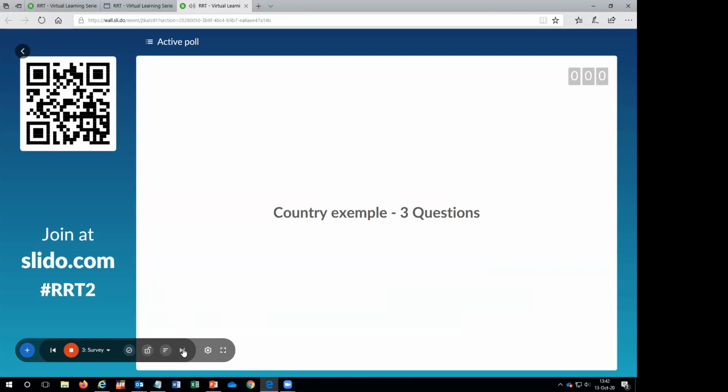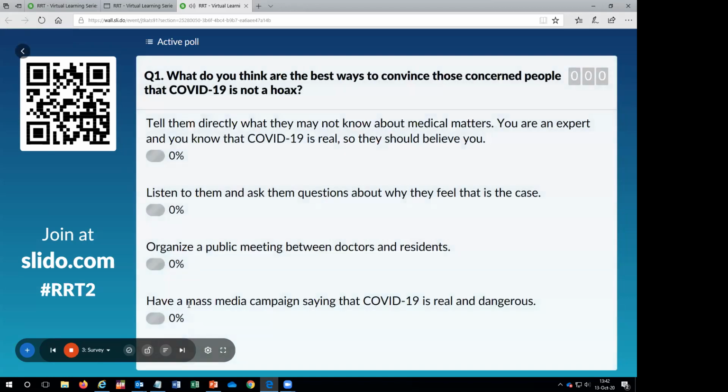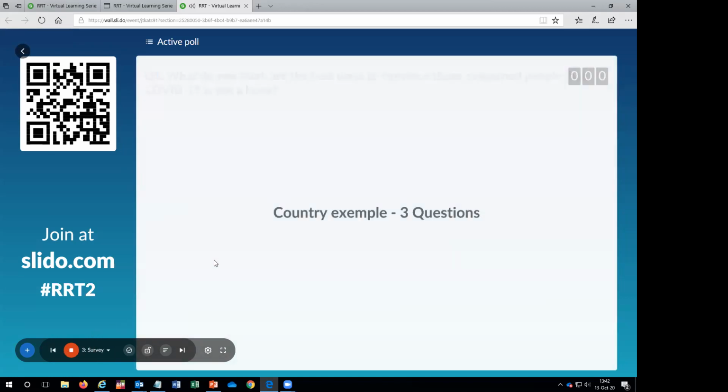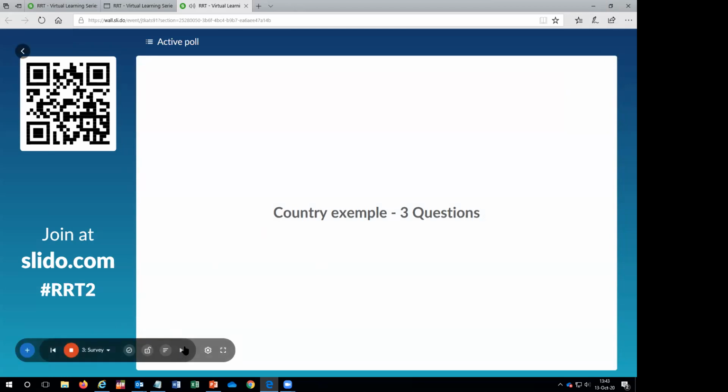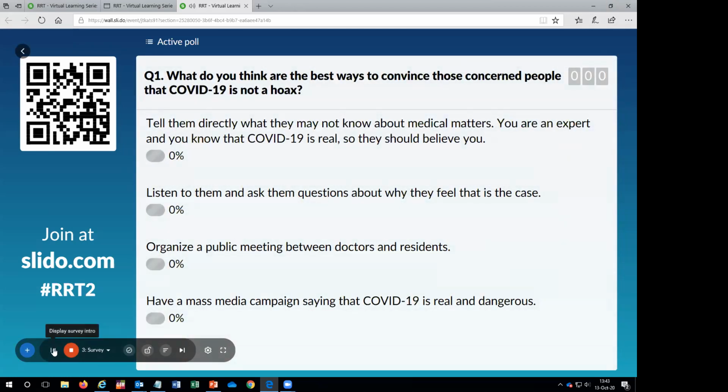Some people sometimes just have to scan once, sometimes you have to scan more than once. And this is how it is. Right. So the first question being, okay, what do you think? Go ahead, Sophia.